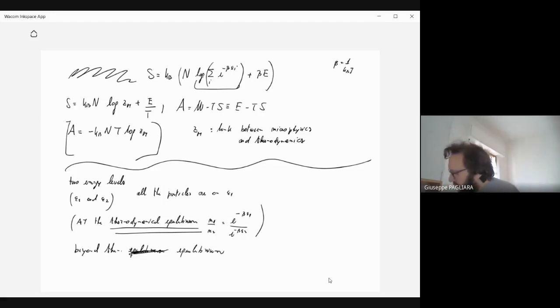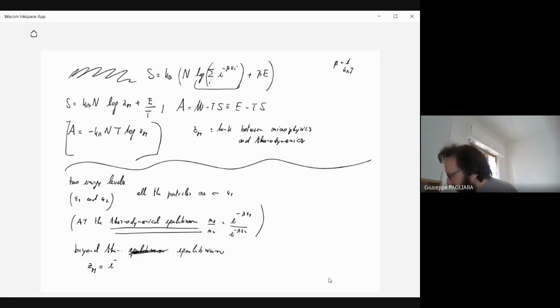Suppose that all the particles, as I said before, are in epsilon 1, and therefore let me also assume that I can compute the microcanonical partition function for this situation.